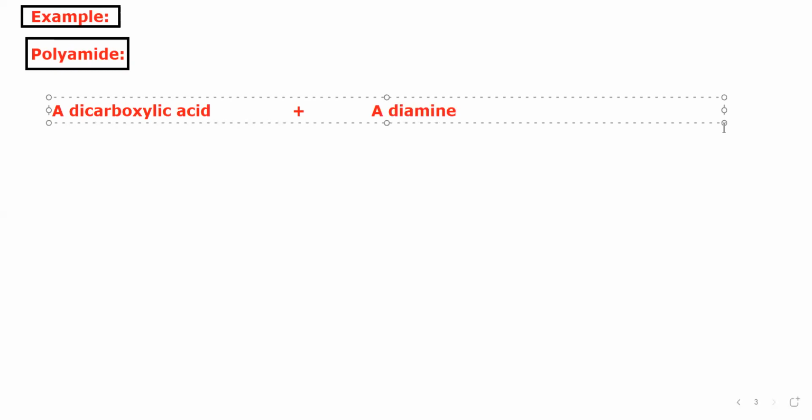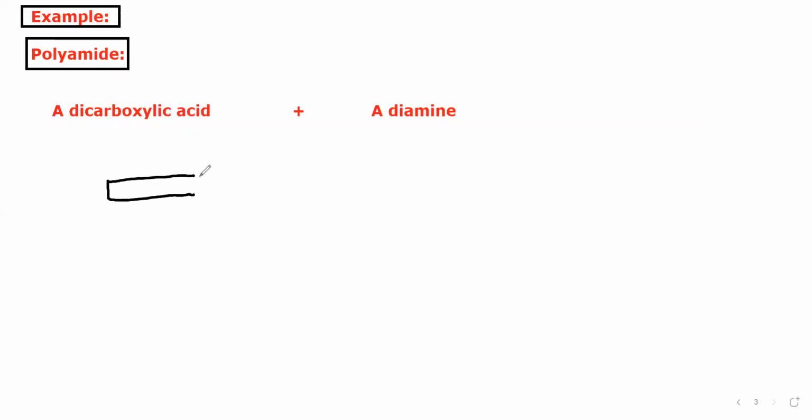Let me tell you what that is. Let's draw it one by one. So for the dicarboxylic acid, I take this, and I have two carboxylic groups attached to it as I have drawn.